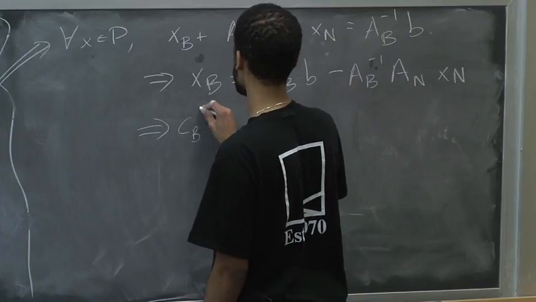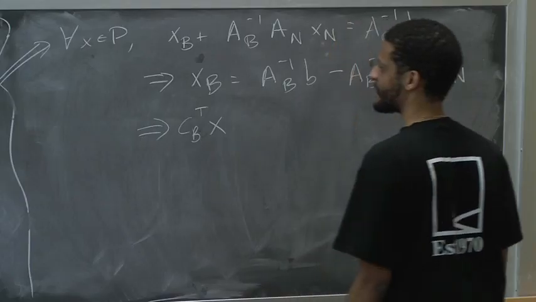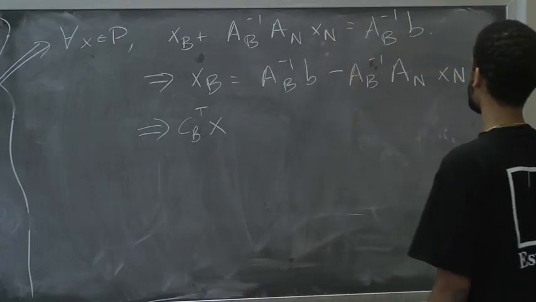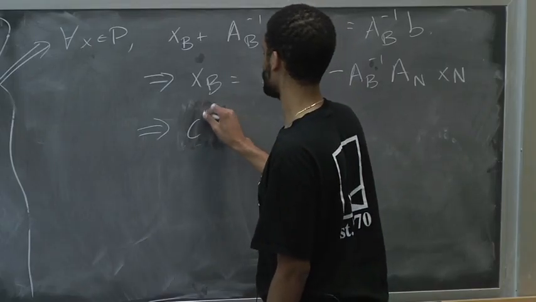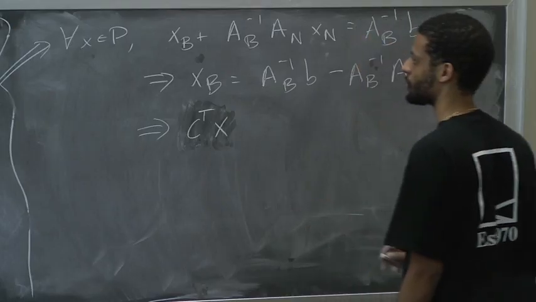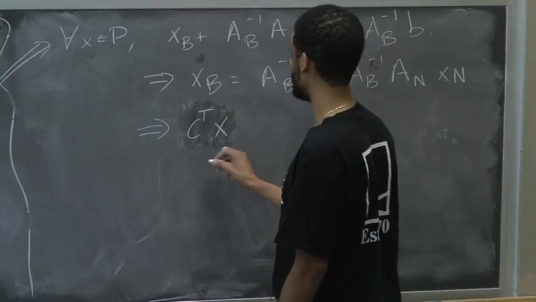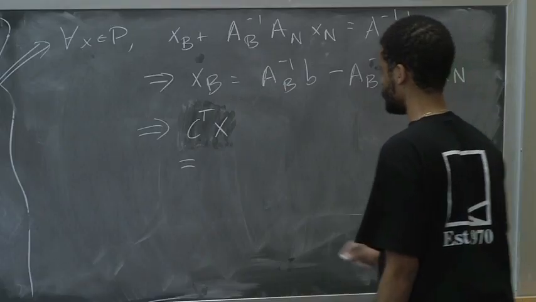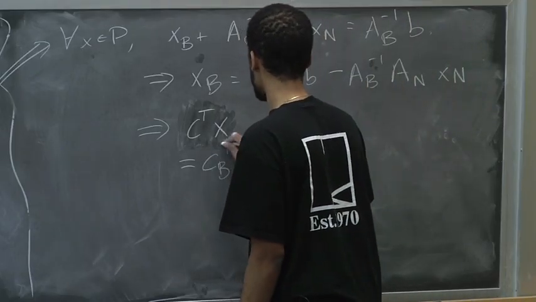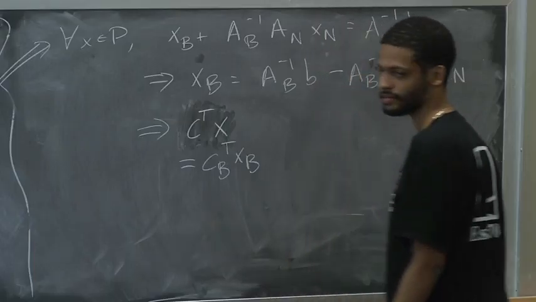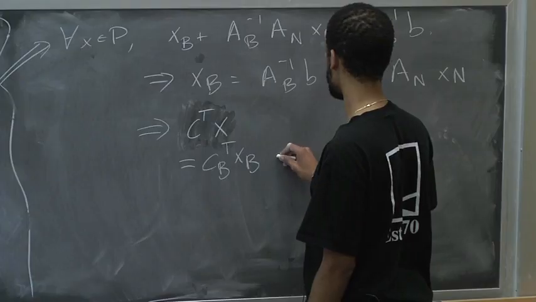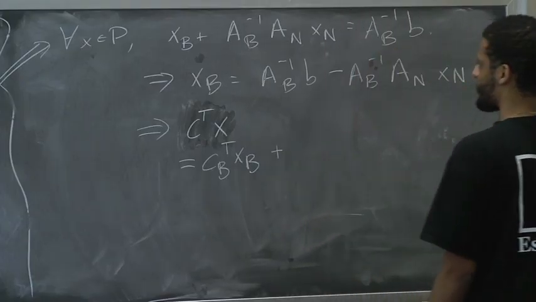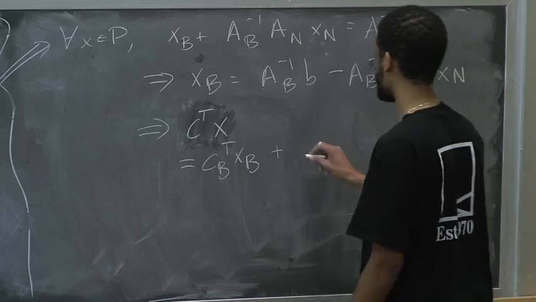CB transpose x, or let's say C transpose x, the objective, is equal to CB transpose xB plus CN transpose xN.